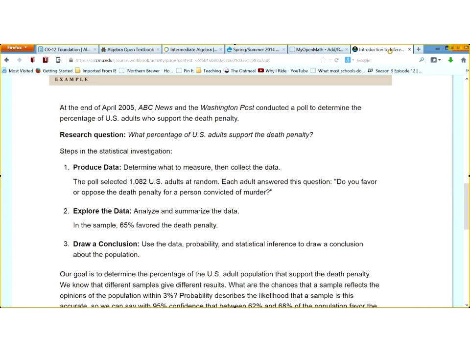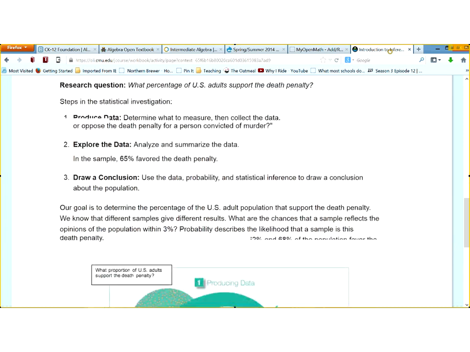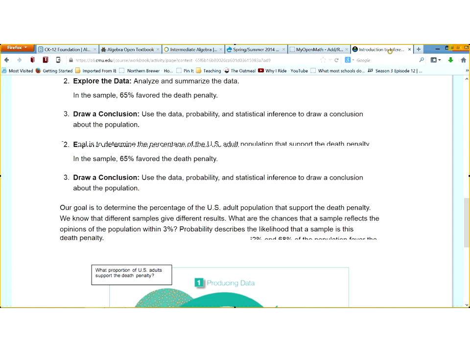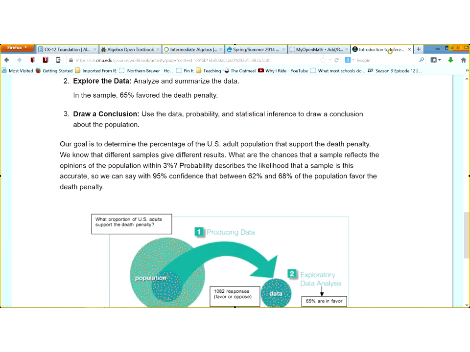And then you would draw a conclusion. So that 65% represents just the sample. So what we're going to be doing in this module and in the next module is developing the tools to figure out what that 65% says of the sample says about the population. Well, in this case, we're not going to go through how we get it, but basically, we can be 95% sure that the number for the population is within 3% of that number for the sample.